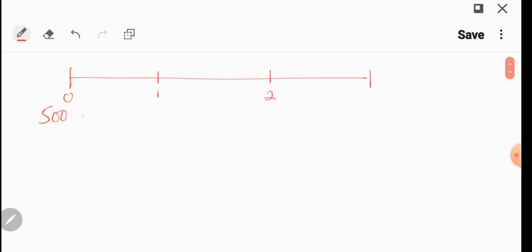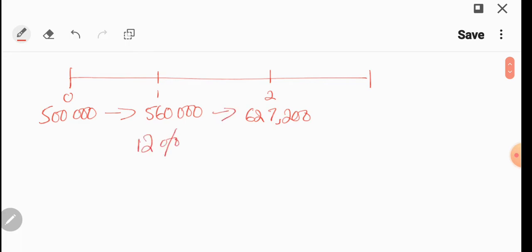Right now you are depositing 500,000. 1 year later the value will become 560,000, and 2 years later the value will become 627,200, invested at the 12% rate. So this is how your timeline is going.